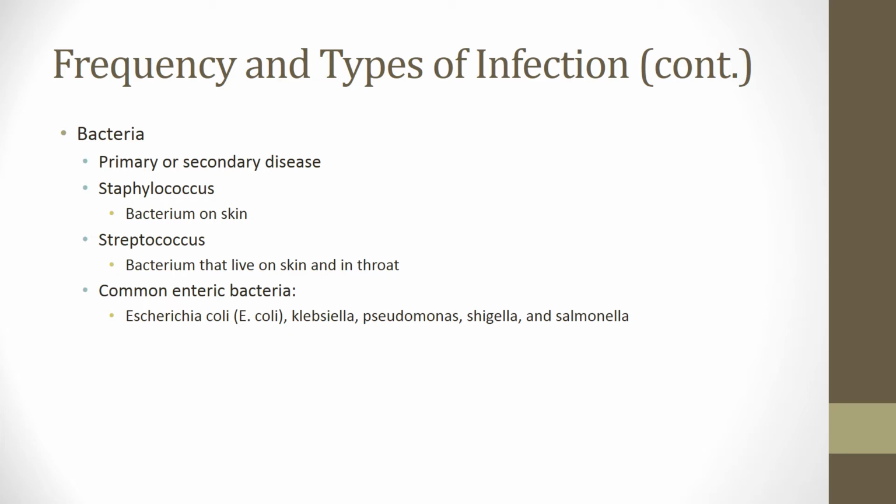Bacteria that is harmless and creates the normal flora can become pathogenic under certain conditions. So when the resistance or body defenses are weakened, this bacteria can certainly take over.